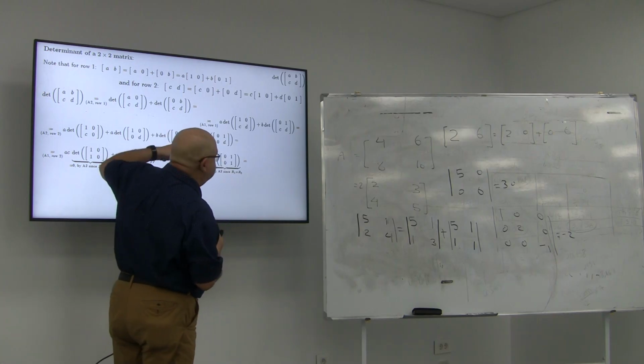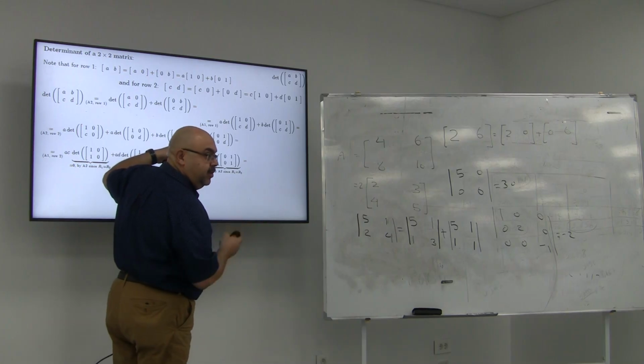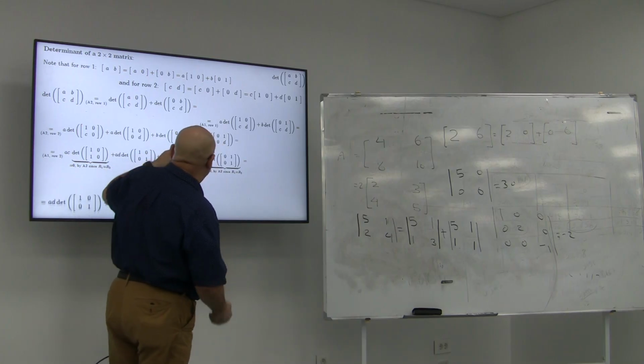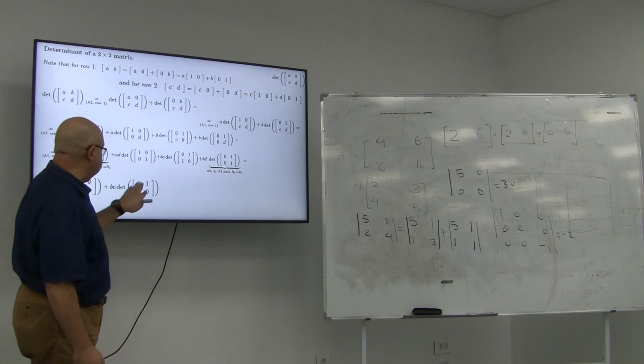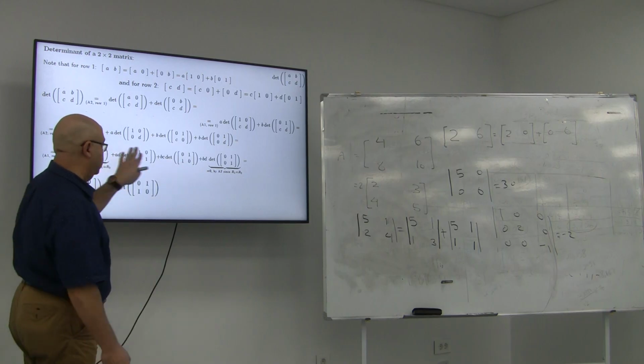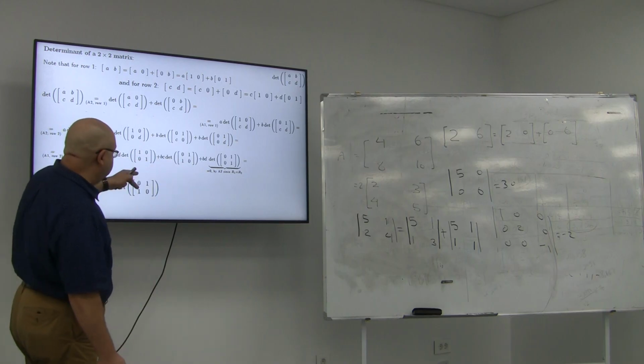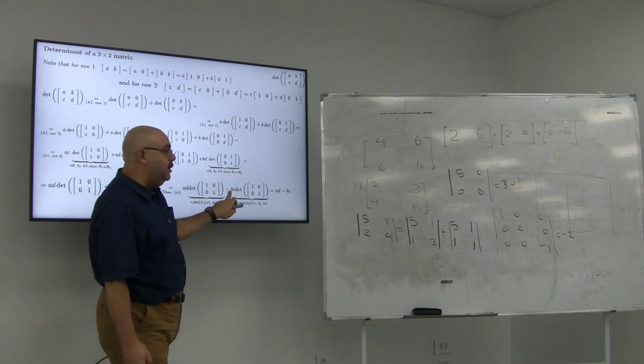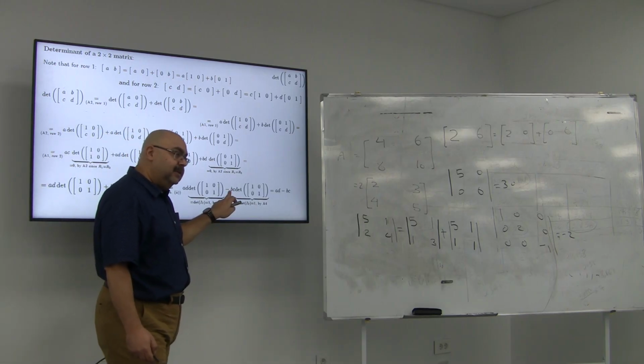I will change the sign since I'm changing the rows of the determinant. Those are the ones remaining. I'm switching the rows, so the result will be negative.